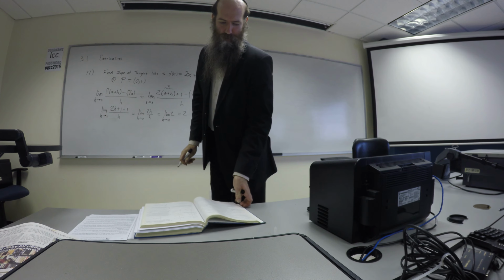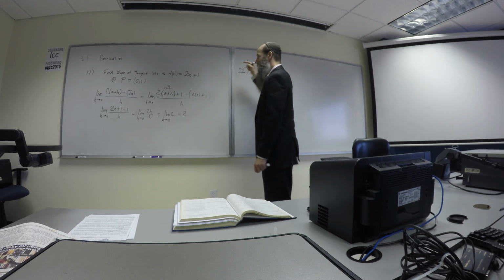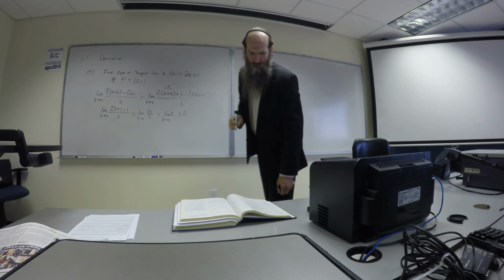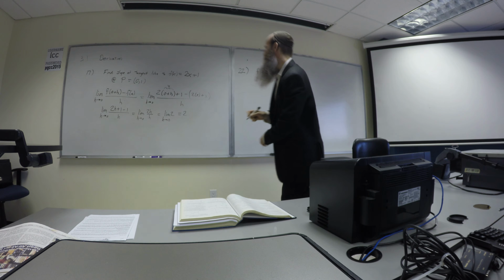Who will remember what to do in this problem? Same problem, but the function is now the radical function, radical x minus 1. And the point of concern is (2, 1).